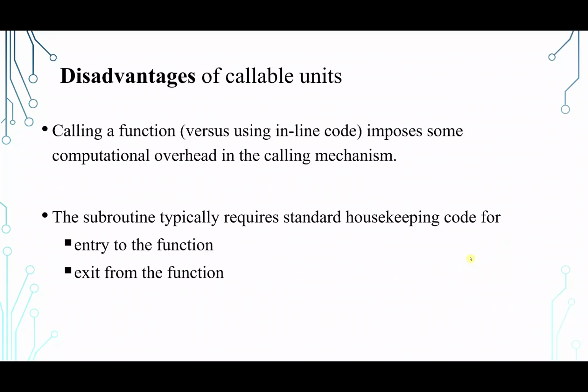Disadvantages of callable units. Calling a function versus using inline code imposes some computational overhead in the calling mechanism, which usually we tolerate. The function typically requires standard housekeeping code for entry and exit of the function.